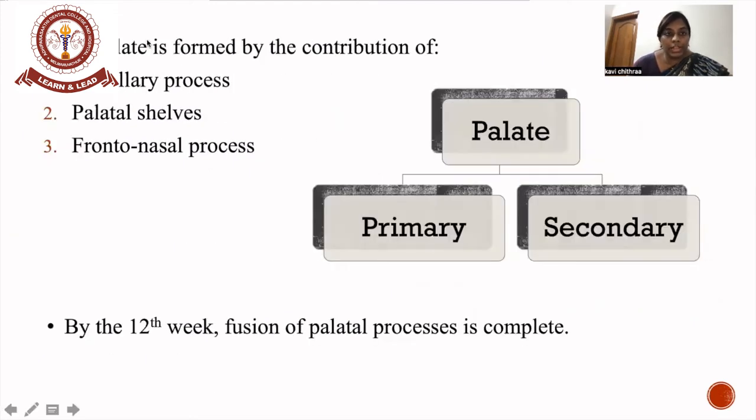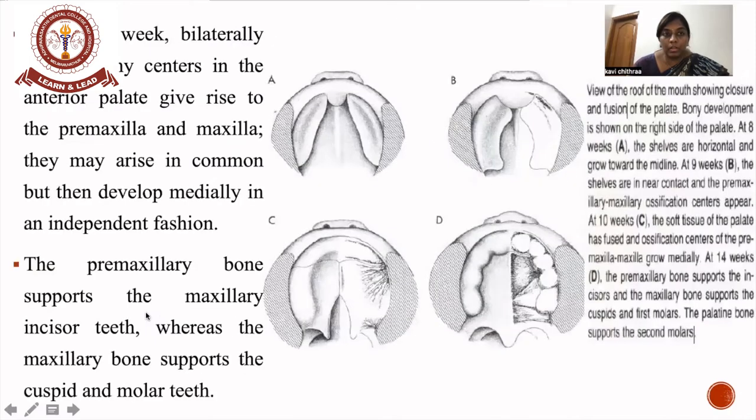Initially, the palatine shelves approximate at the center. They start approaching close by, and then they meet at the central region, and later the anterior and the posterior regions fuse. This happens by the 7th week of intrauterine life.